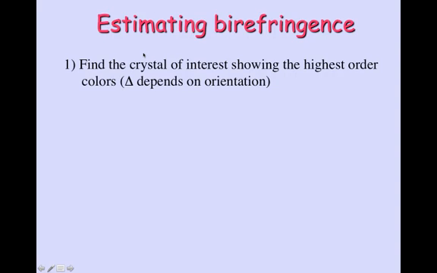Okay, so for estimating birefringence, what you want to do is find the crystal of interest, so one grain of the mineral that you're interested in, and you'll notice that they have similar optical properties, and so you can find a particular kind of grain that might be oriented optimally for this.